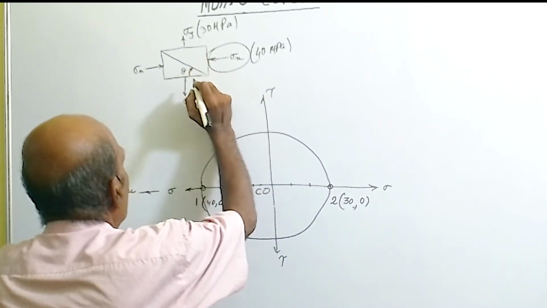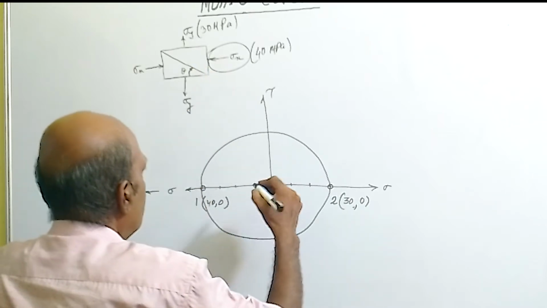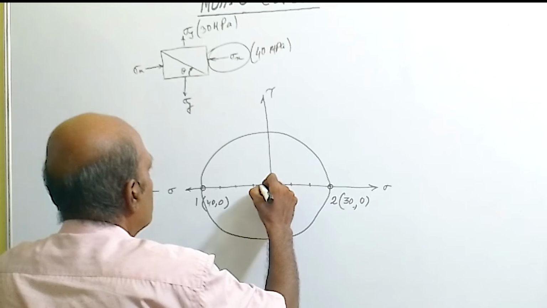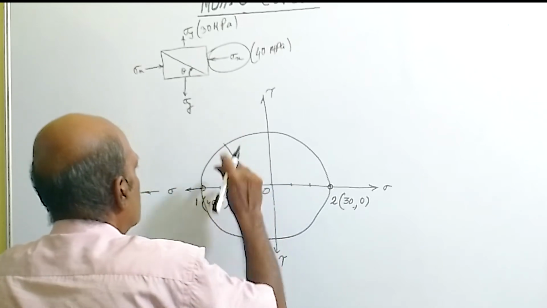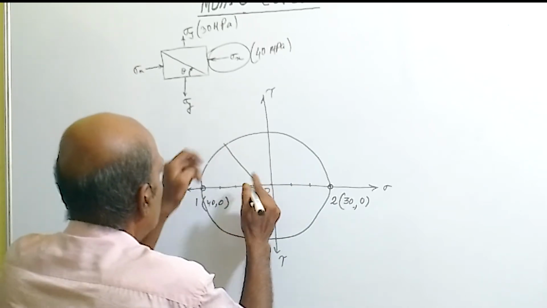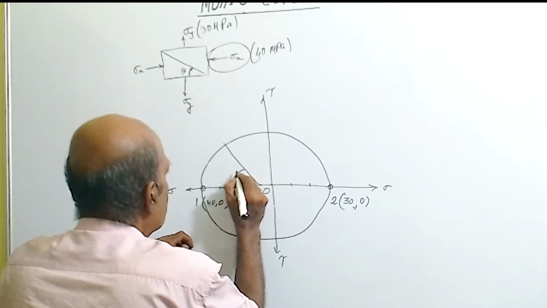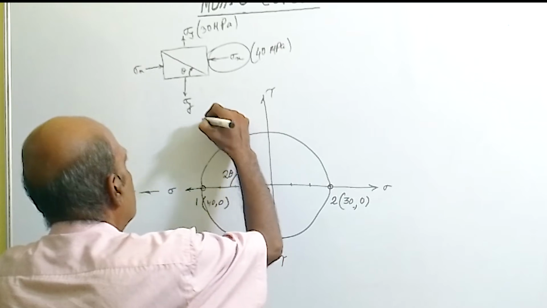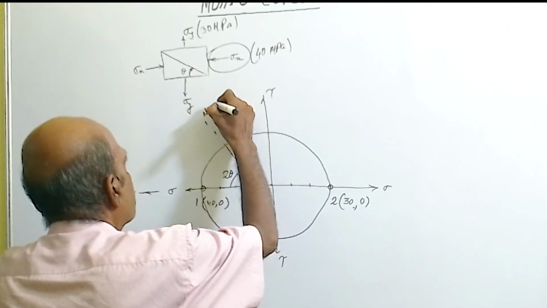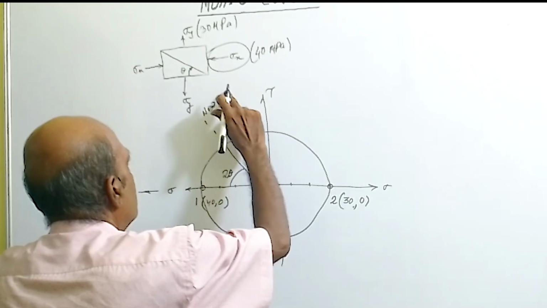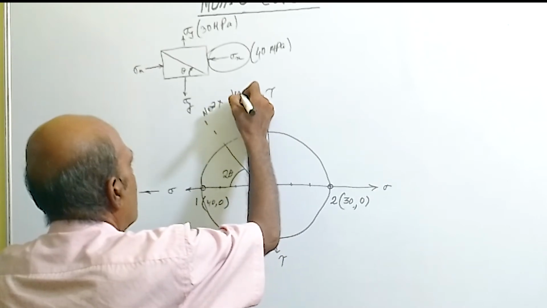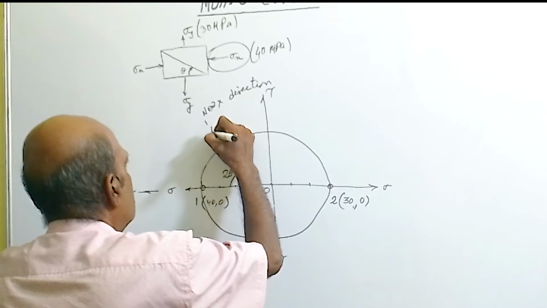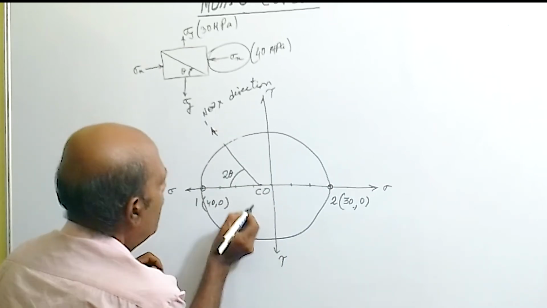Here it is in clockwise sense by theta in the actual body, so here we will rotate this by 2 theta angle. If we rotate this by 2 theta, we will get the new x direction.